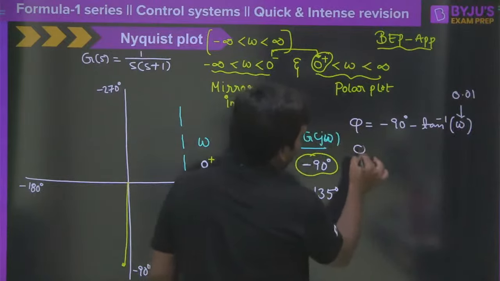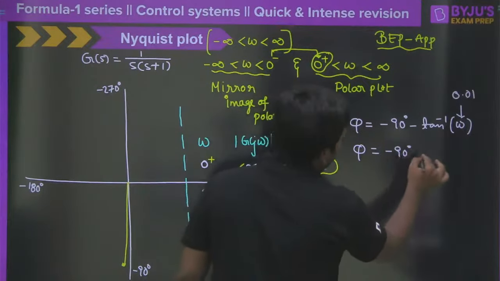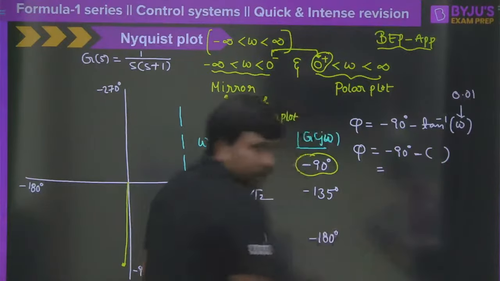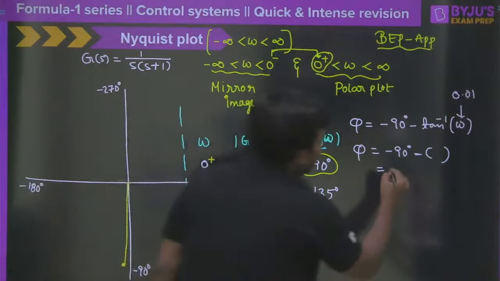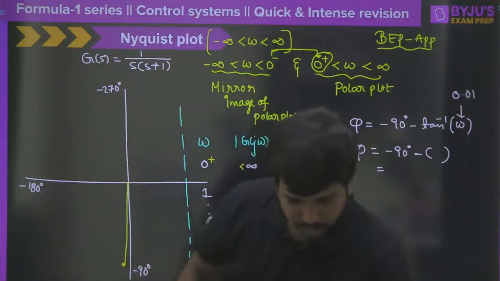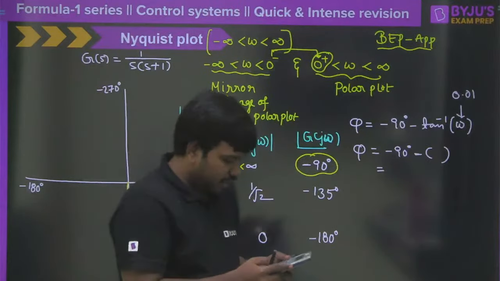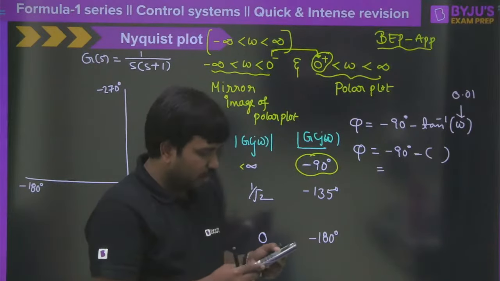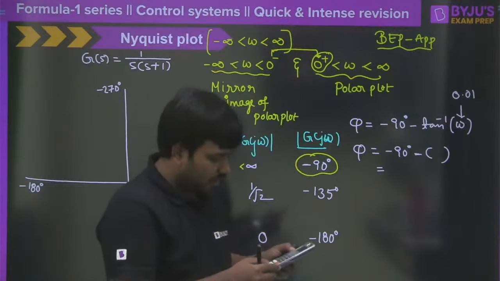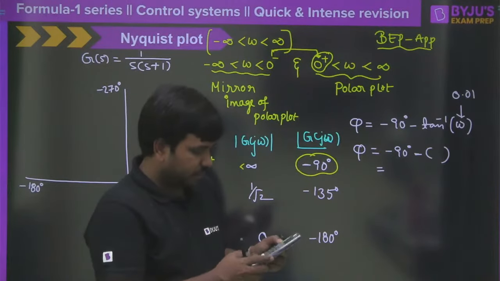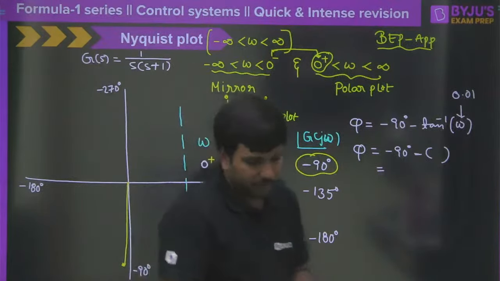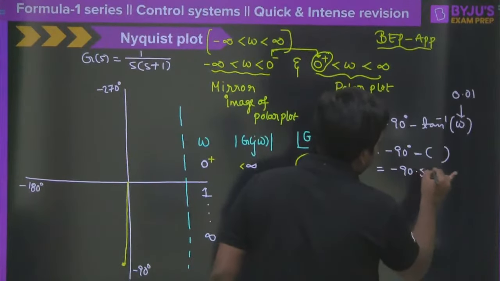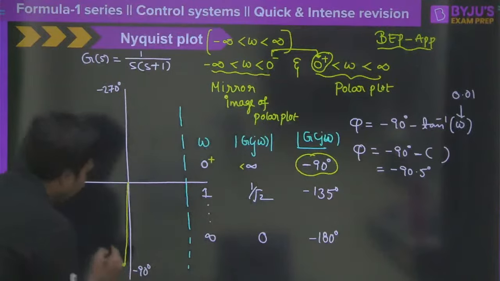Then you will get phase equal to minus 90 minus some small value, so definitely it is beyond minus 90. Let me take a calculator, because some students may question here. Tan inverse of 0.01 is about 0.5 degrees, so it is approximately minus 90.5 degrees. That's why I have drawn the graph here.